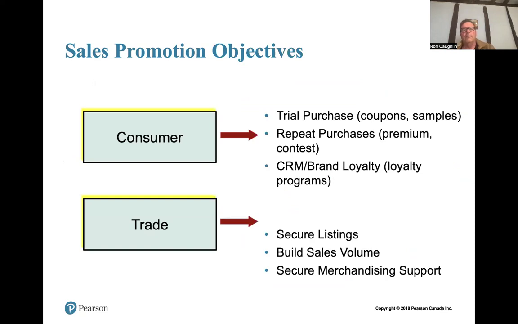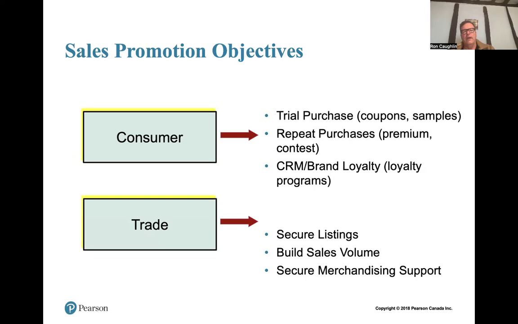So we start off with any type of promotion, whether it's consumer or trade, with some objectives. Some standard objectives for consumer could be trial purchase. Might use coupons and samples to do that. Repeat purchases through premium contests, or CRM brand loyalty or loyalty programs.